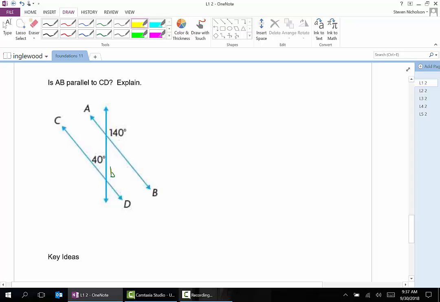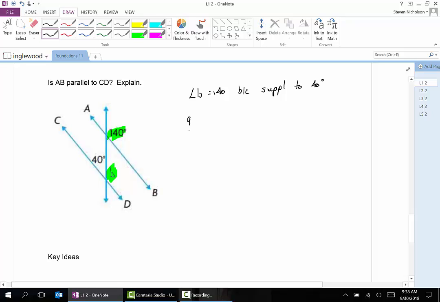I know angle B is supplementary to 40 degrees, but I also know that angle B is corresponding to that. And if I can show that angle B is the same as 140 degrees, then those are corresponding angles, and that's going to answer our question. So I know angle B is equal to 140 degrees, and the reason I know is because it is supplementary to 40 degrees.